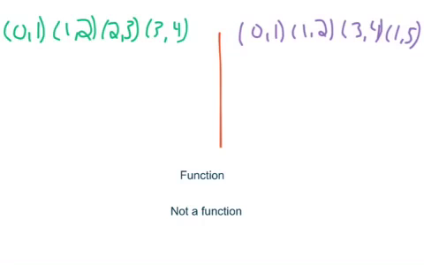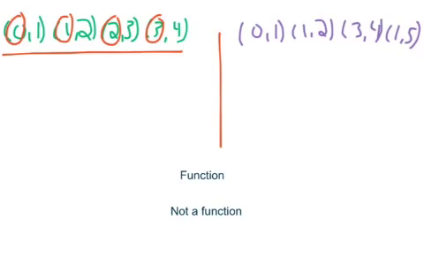So here's an example. I have two different tables of values, well, ordered pairs in this case. Here's one set of data. If I look particularly at my x values, I have a 0, a 1, a 2, and a 3. Do my x values ever duplicate? Do my x values ever repeat?